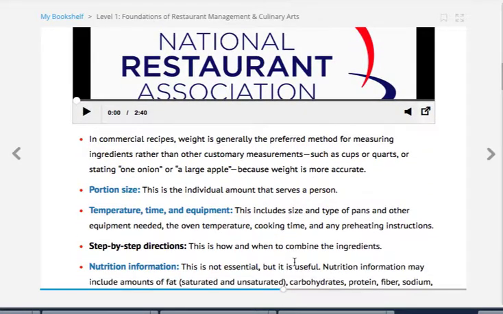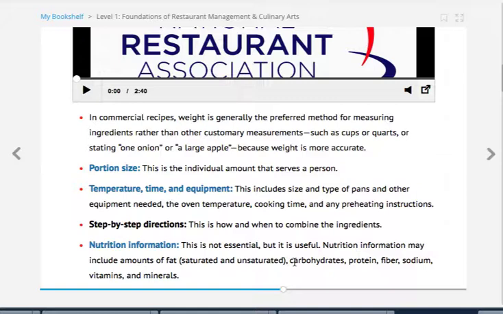Alright, so the video went through all of these, including portion size. We use portion size to represent to our kitchen how big this portion is. So maybe a 2-ounce portion of mashed potatoes, or a specific blue-handled portion scoop. When we make our recipe, we should know how many ounces or how many portion scoops this recipe will make.